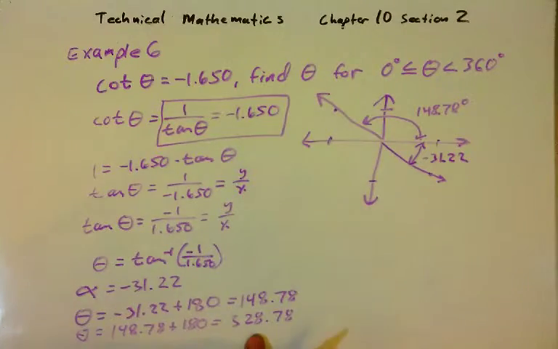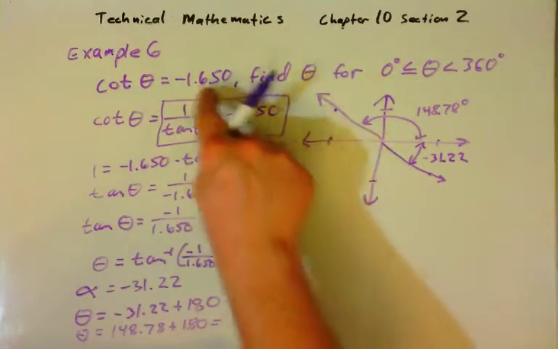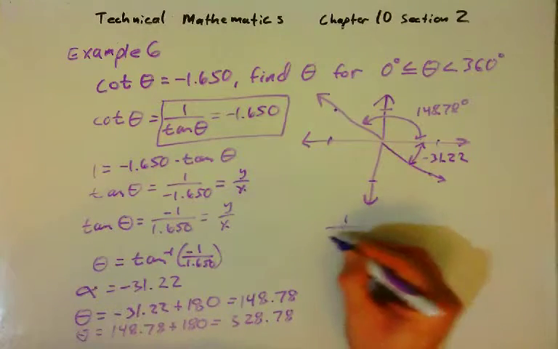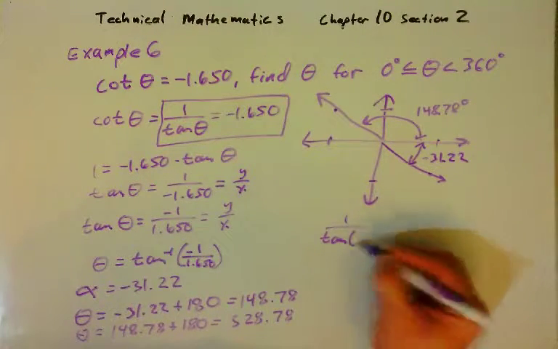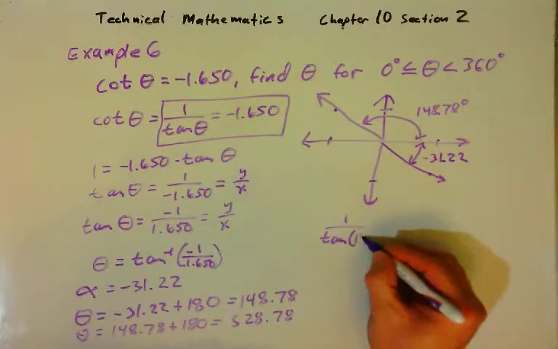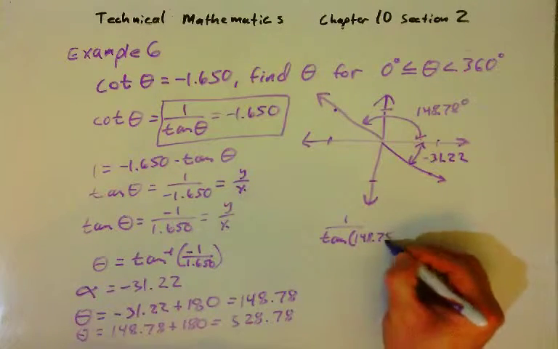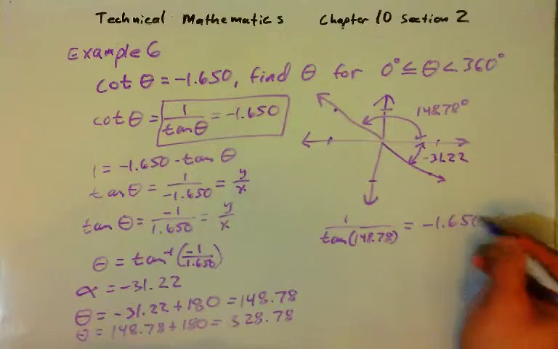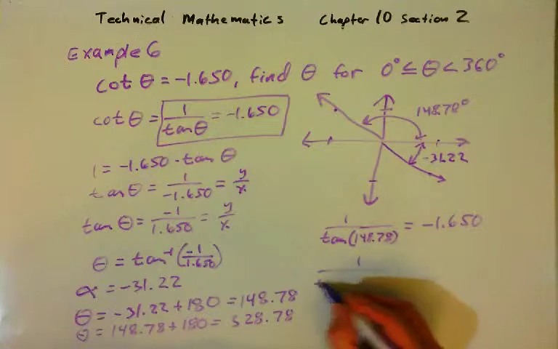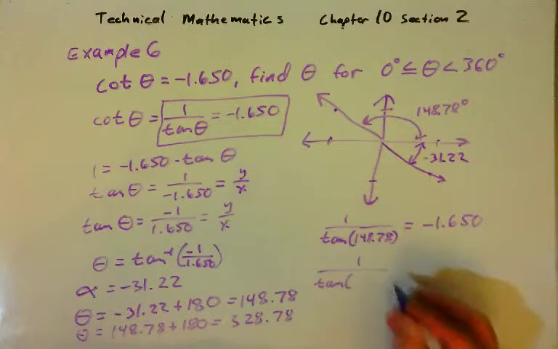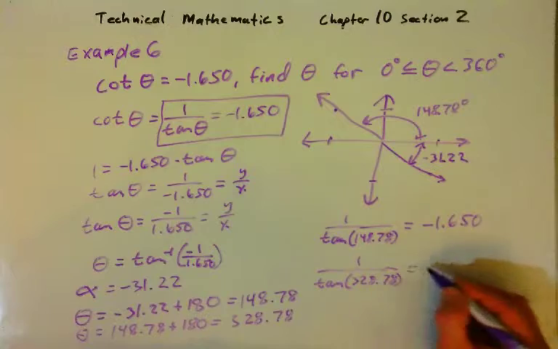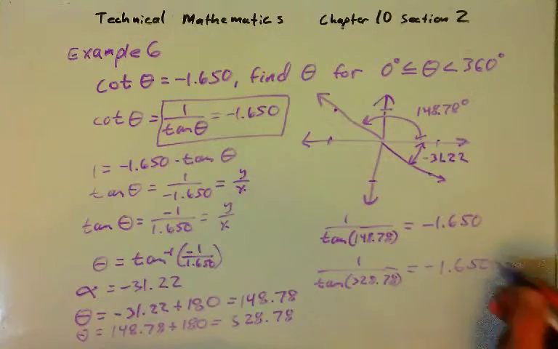At least that's what we think. We should check our answer. And so we know that the cotangent of theta equals negative 1.650. That means that 1 divided by the tangent of theta, and we think theta is 148.78, we think that this should be equal to negative 1.650. And also 1 divided by the tangent of 328.78, we think that this should also give us negative 1.650.